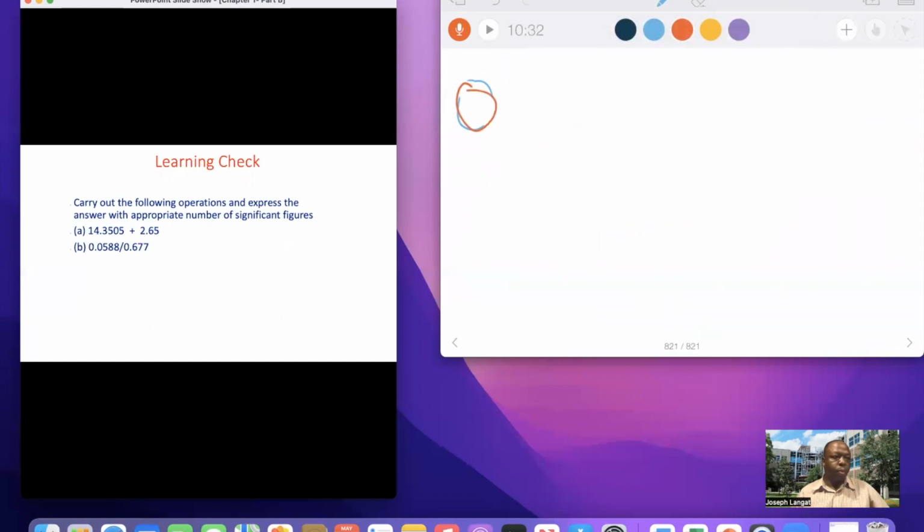Here, you'll have 17.00 because of the 2 places of decimal. This has 3 places of decimal. And then B, because of division, 3 significant figures. If I look at this, it has 3 significant figures. The zeros do not count. 3 significant, and it should be 0 point what?